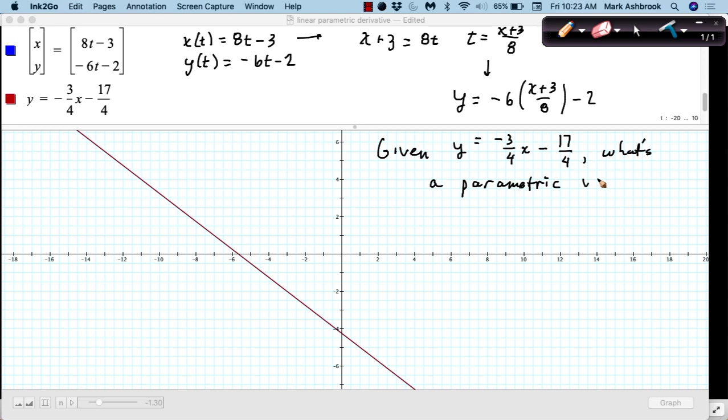Is there anything in it that seems like we could get from here to here? That looks like a stretch, right? How in the world did you get this from that? You can't work backwards because you don't know what x is in terms of t. So how can we write a parametric version of this? Well, there's an easy way to do that.